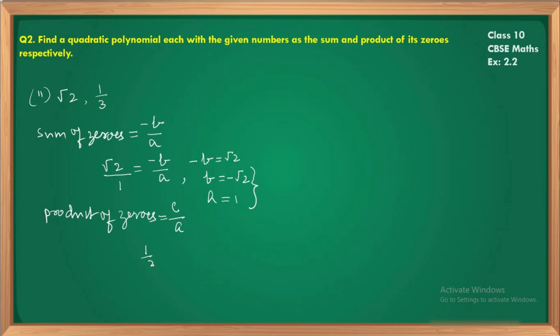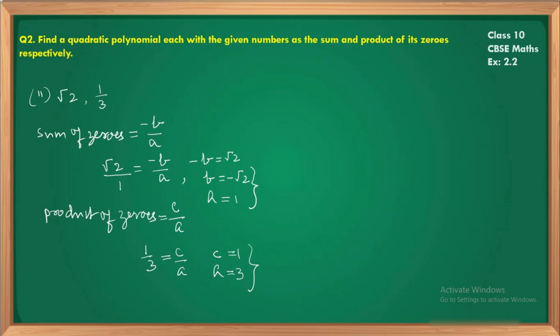Let us write down that 1 by 3 is equal to c by a. C is 1, a is 3. Here again we have the same problem, that a has two values, 1 and 3.